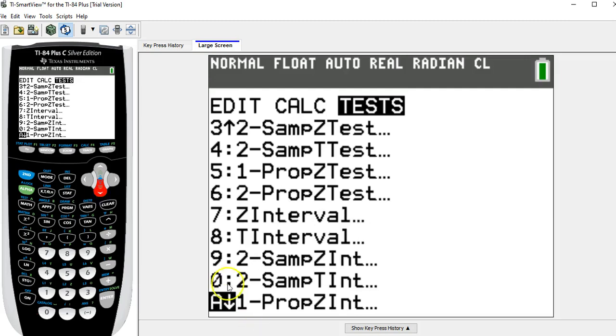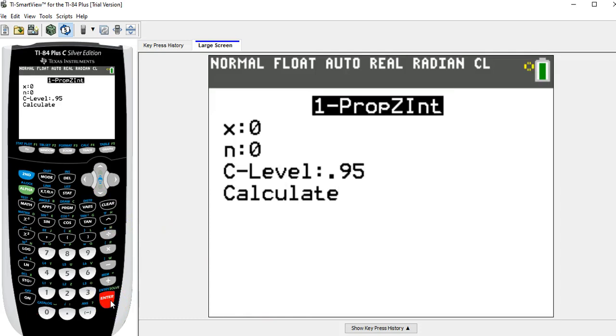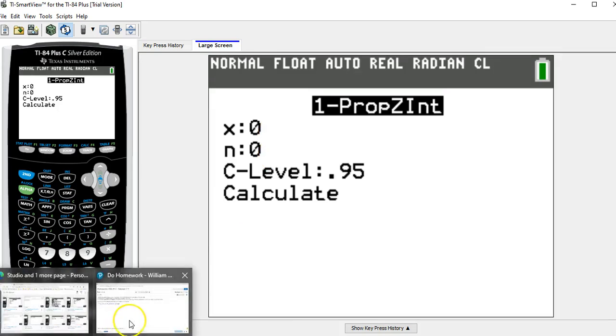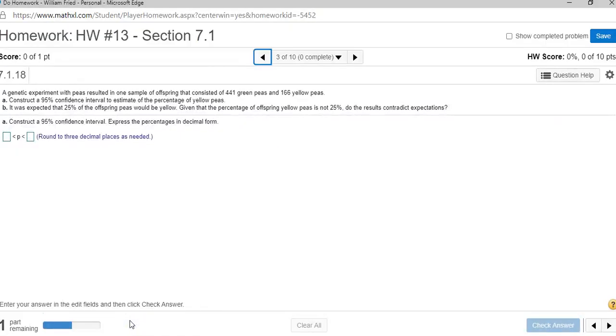There it is, letter A, 1-PropZInt, enter. And the x and the n are asking you for the numbers. It was asking for the proportion of which one? The green peas or the yellow peas? I forgot. The proportion of the yellow peas.